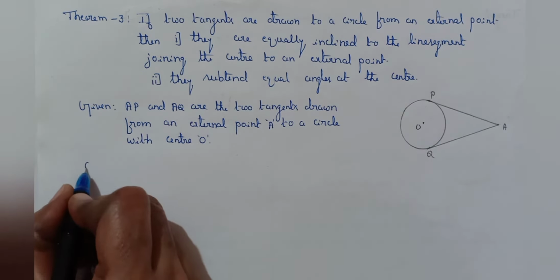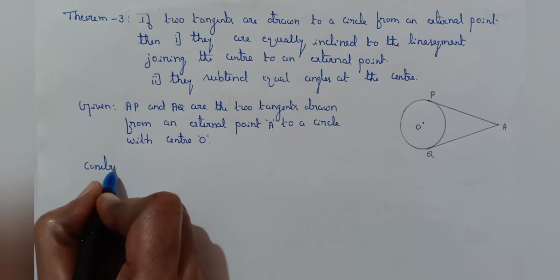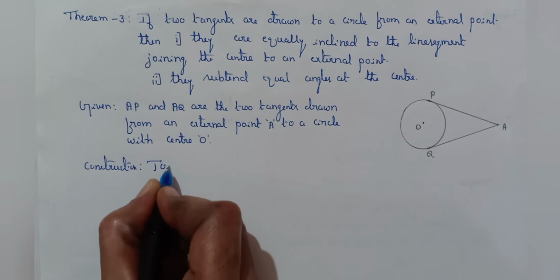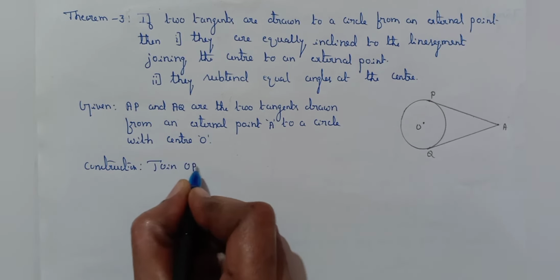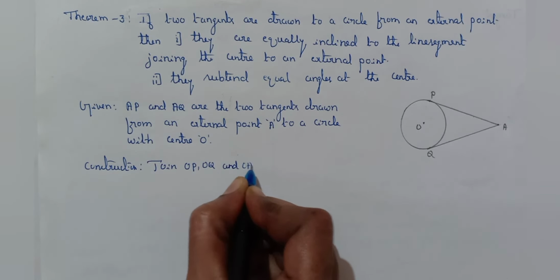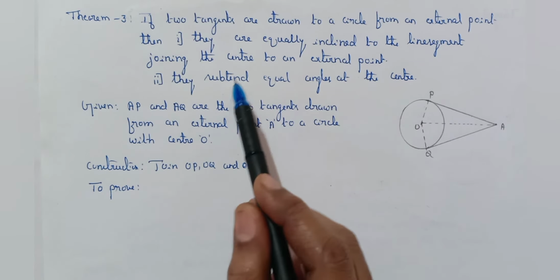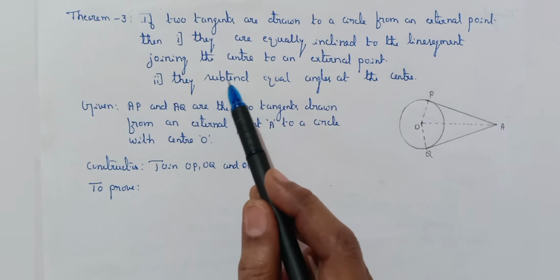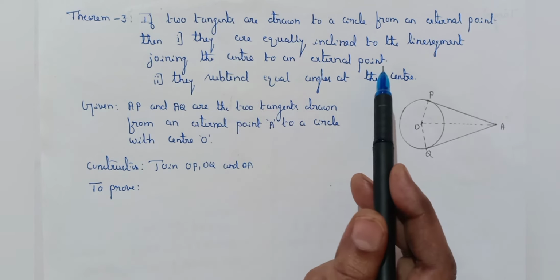Next, construction. Join OP, OQ and OA. We have to prove the tangents are equally inclined to the line segment joining the center to an external point.